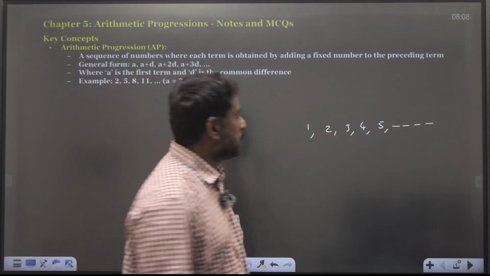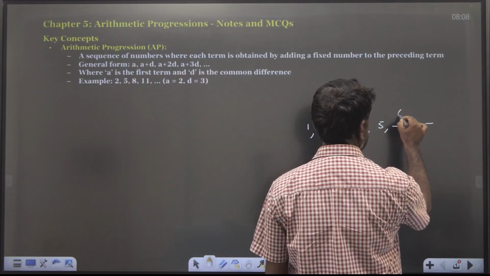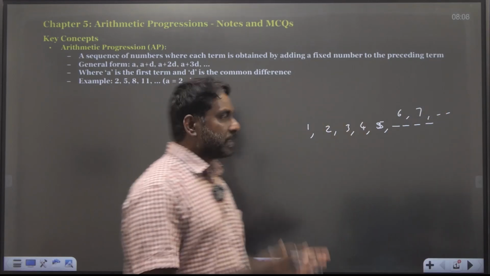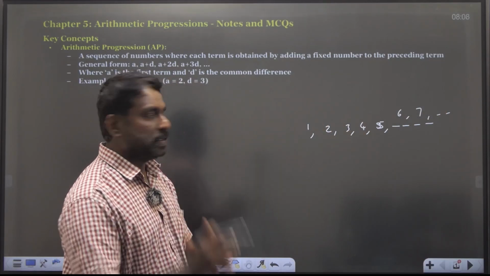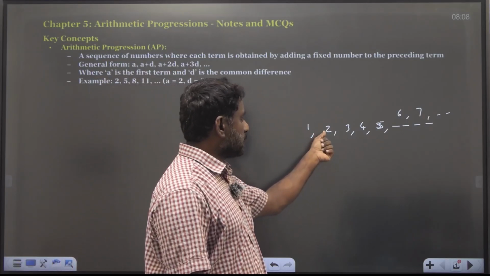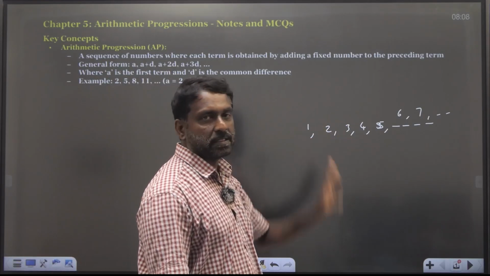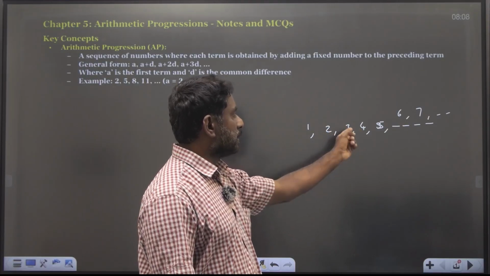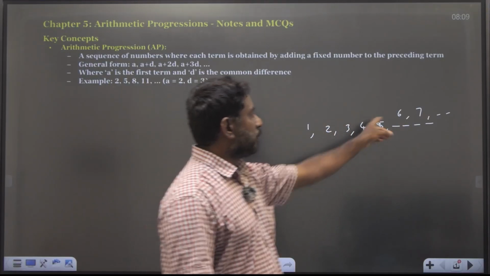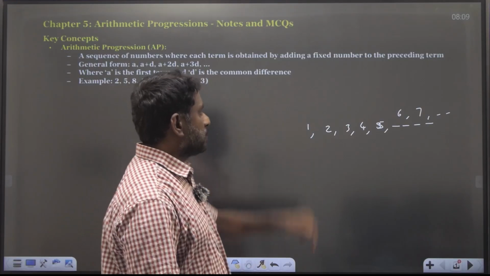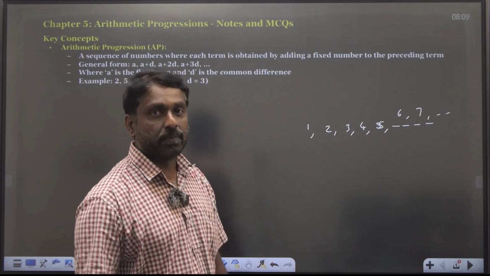Automatically you can say that is 6, then 7, etc. So here a rule exists. What is the rule? Add a fixed number to the just preceding number, and you will get the next number. 1 plus 1 is 2, 2 plus 1 is 3, 3 plus 1 is 4, 4 plus 1 is 5, 5 plus 1 is 6, 6 plus 1 is 7. This type of sequence is called an arithmetic progression.